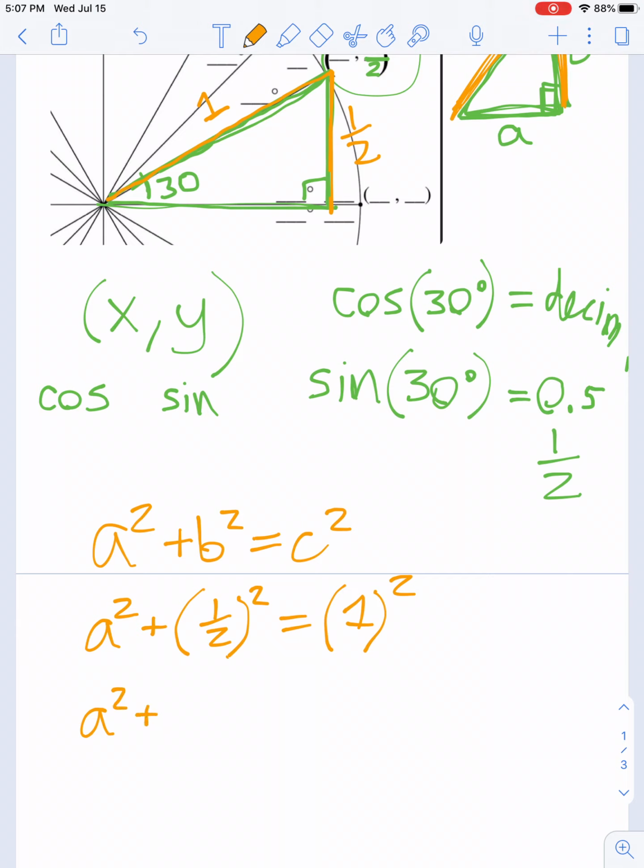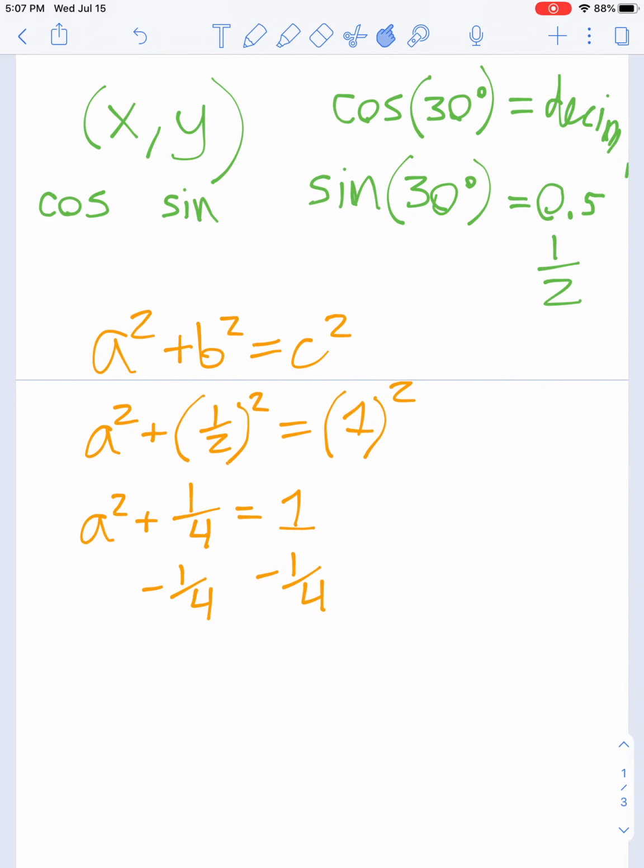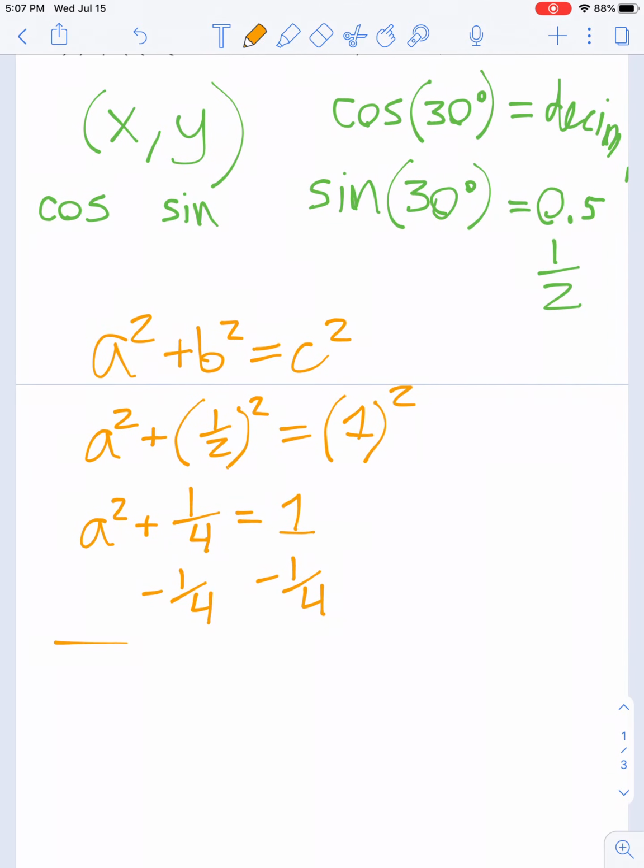Now 1/2 squared is 1/4, and 1 squared is just 1. I'm going to subtract 1/4 from both sides so I can get A squared by itself. The 1/4s cancel each other out, so A squared is equal to 1 minus 1/4.